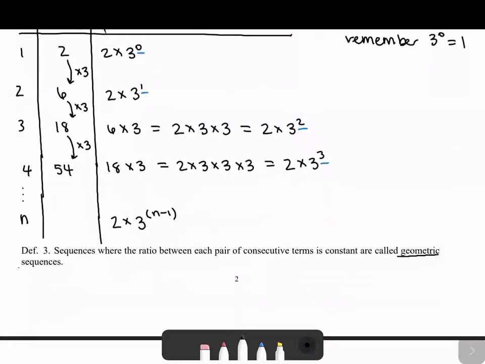You can see that this form is really similar to the arithmetic sequence. This one also has a general form where we start with the first term, and instead of adding, we multiply by the 3, which is called our ratio, and we raise it to the n minus 1 power.